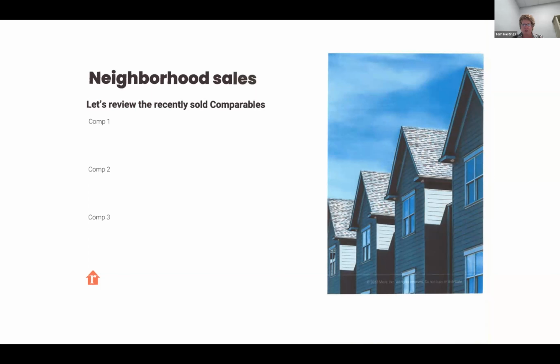We have two numbers: here's what I think your value is, and then what you list at is the key to getting buyers to your property so you can attain your home value. I think your home is worth 950,000. We should probably list at 999,000 because, as we know, the average sale to list price is about 94%. Then we want a buyer to feel they're going to negotiate and get the best deal.